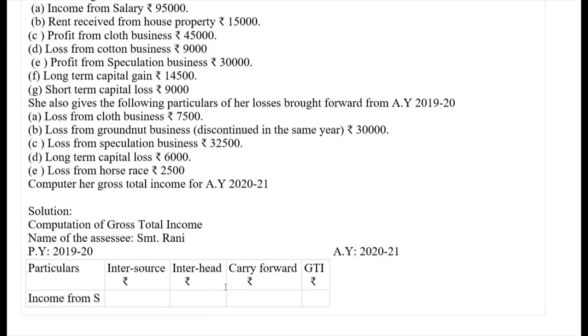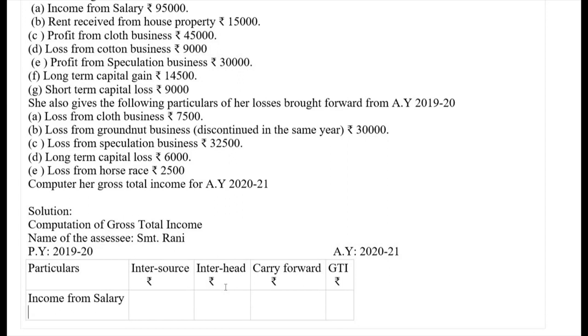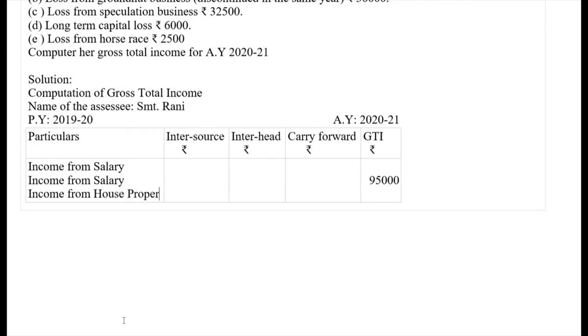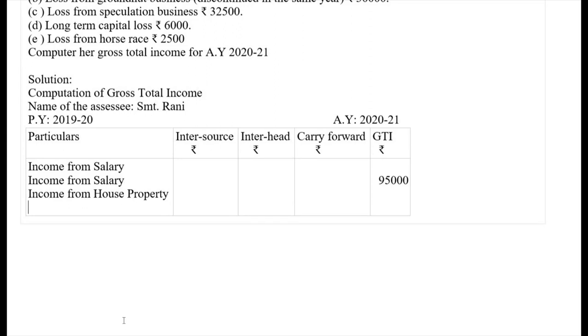Income from salary. Here income from salary, directly we can take it to the GTI column. Income from salary is given in the problem as rupees 95,000. Then the next comes income from house property. Here it is given as rent received.